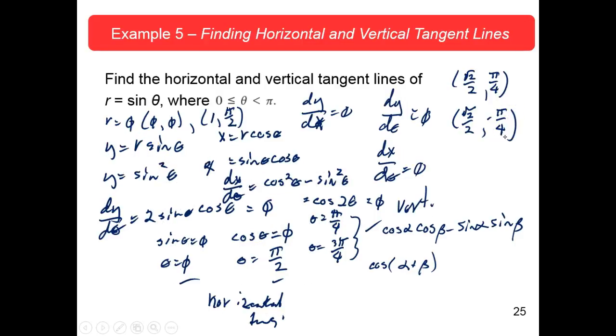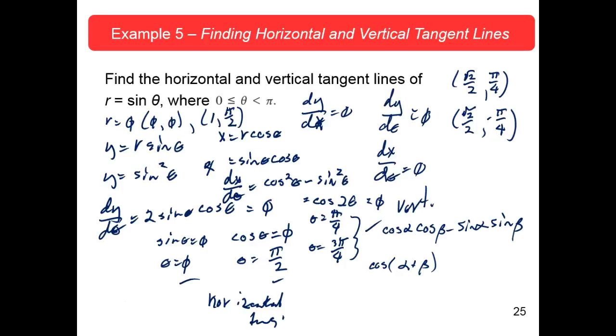Now, if you want the equation for the tangent line, they're really easy in the xy values. y equals 0, that's going to be the horizontal tangent line, and y equal to 1, that will be your other horizontal tangent line.